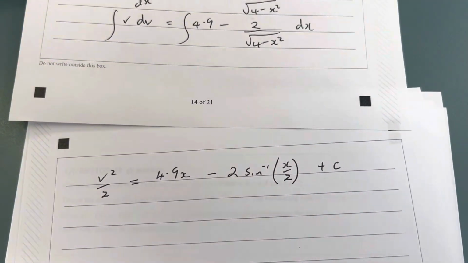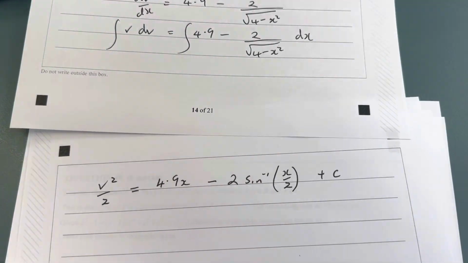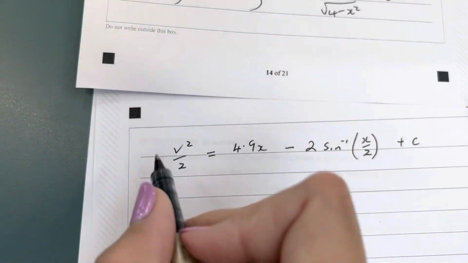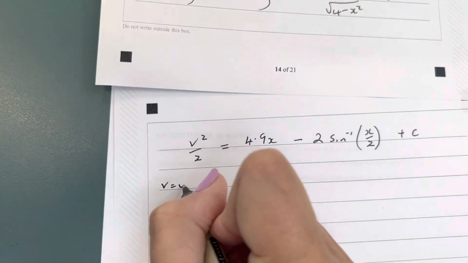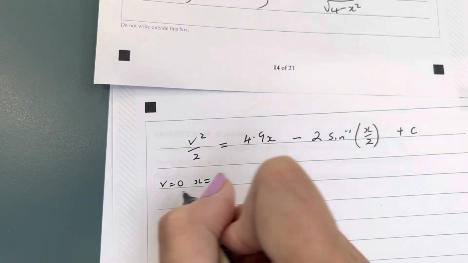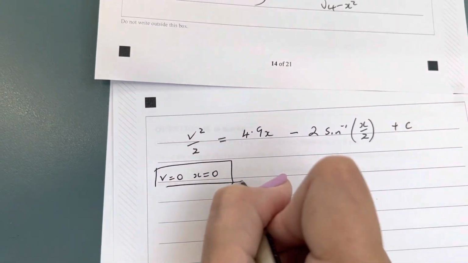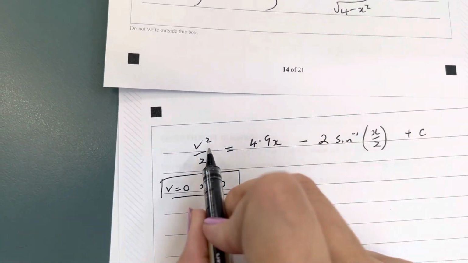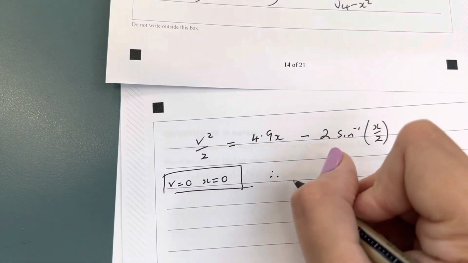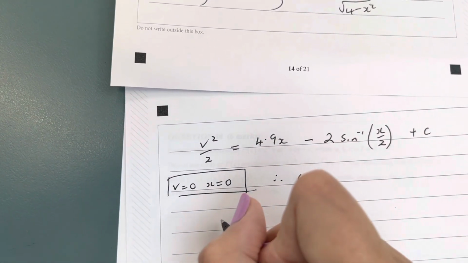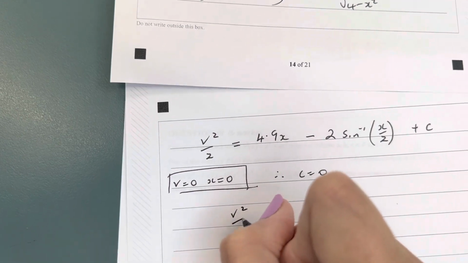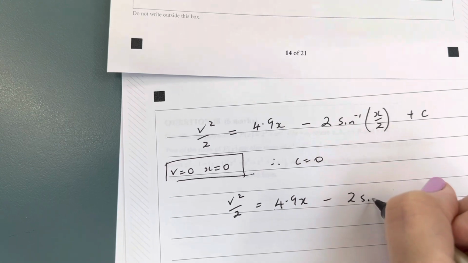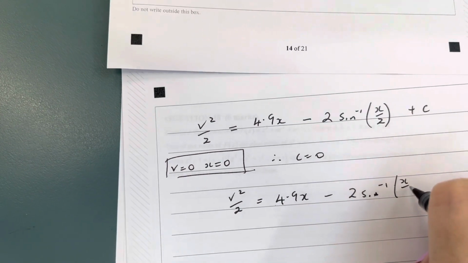Use your rule sheet, you should be fine with that. A little bit of a trickster. Now, we know that originally velocity was 0 when x equals 0 at the top of the plane. So if I put v and x as 0, c must equal 0. So v squared on 2 equals 4.9x minus 2 sine to the negative 1 of x on 2.